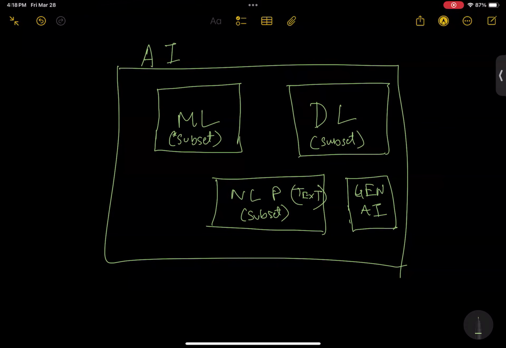But when we talk about generative AI, though it's a subset of AI, it has the capacity not to give you a prediction, but to generate a content. You need to understand the difference between giving a prediction and generation of a content.